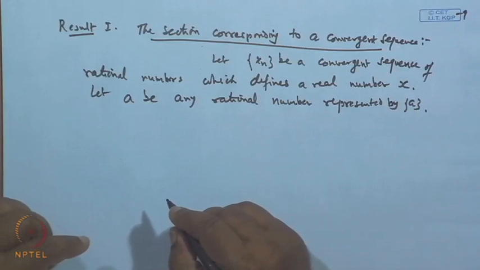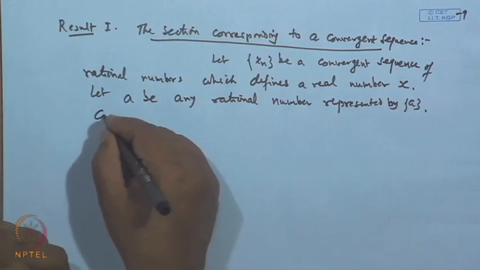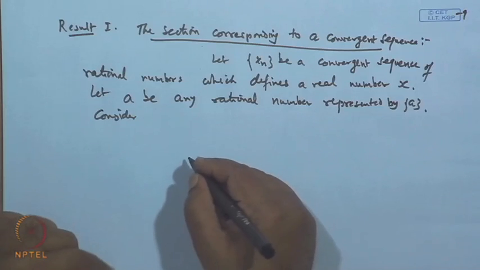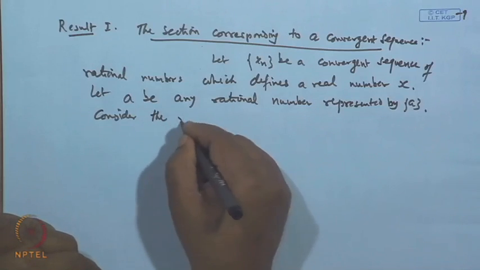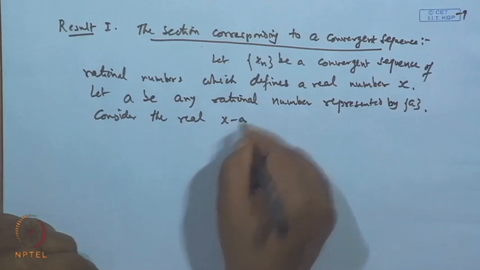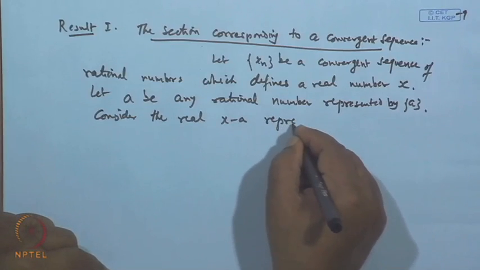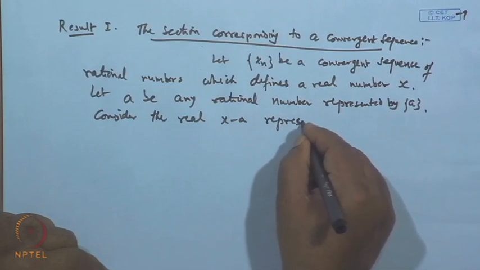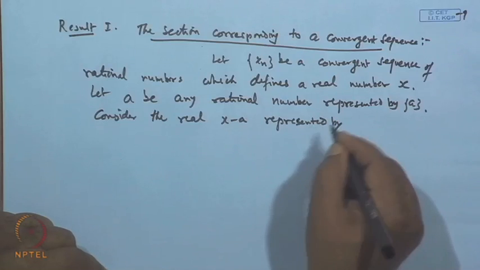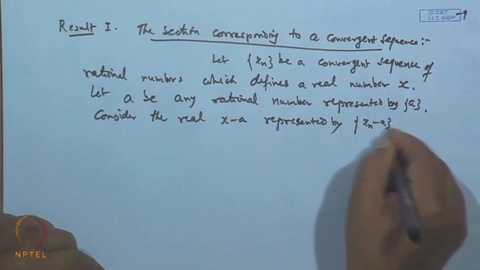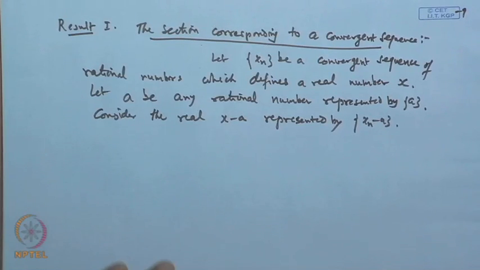Now, consider the real number x minus a, represented by the convergent sequence x n minus a. Let us see this.